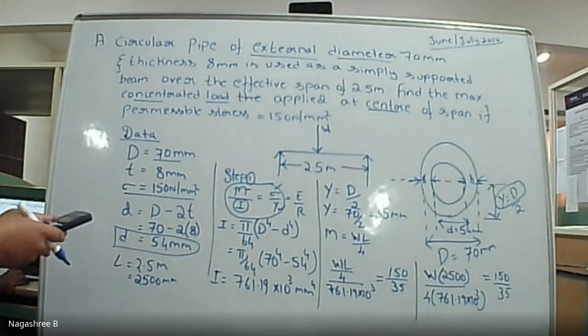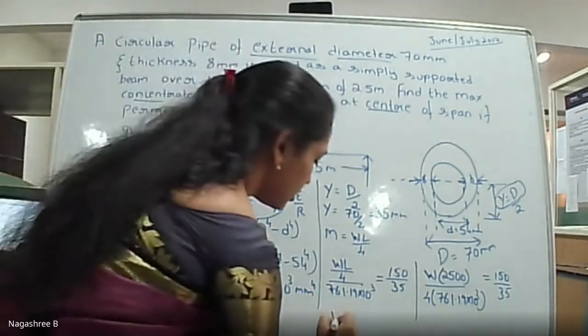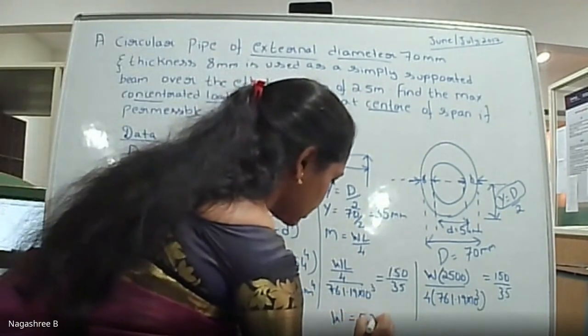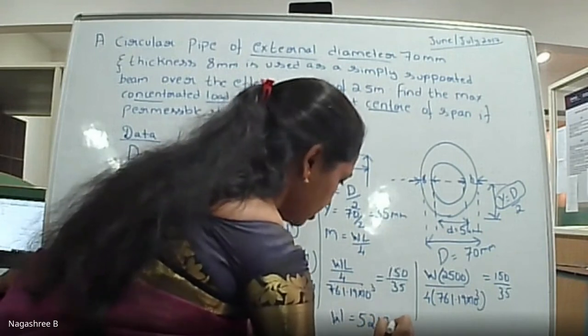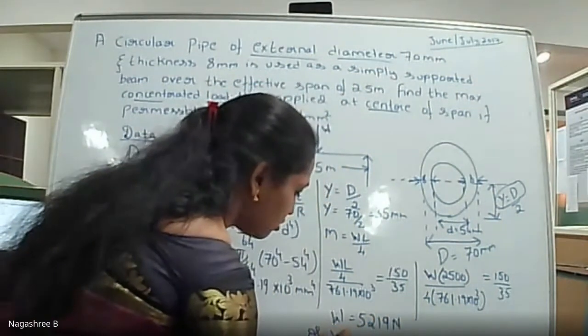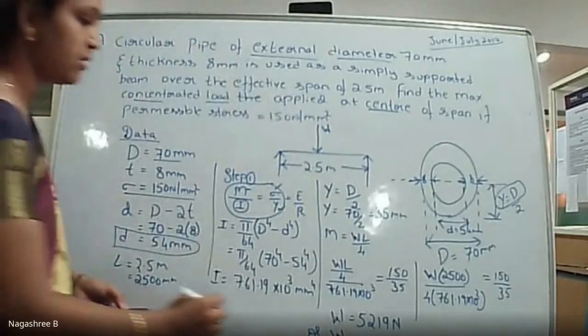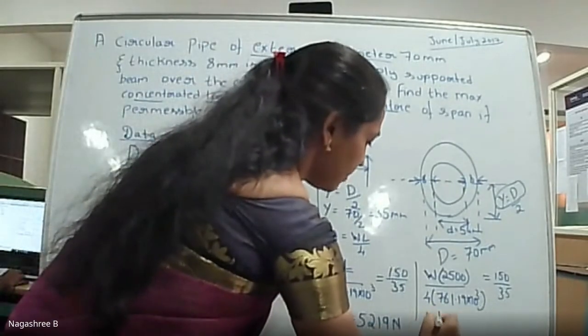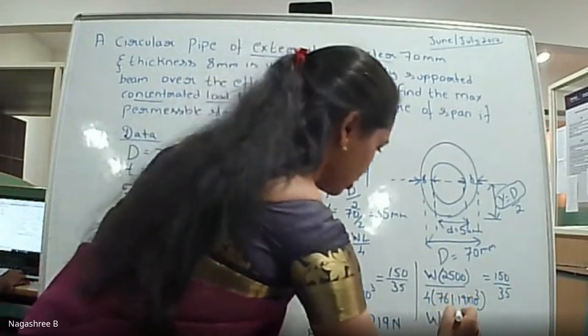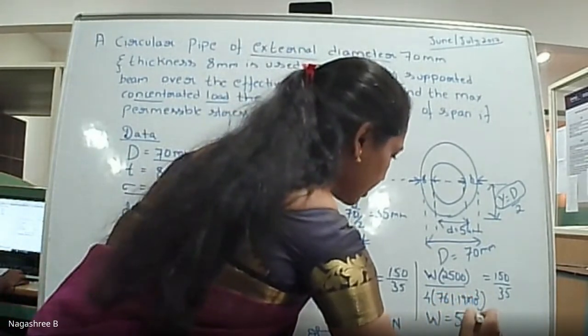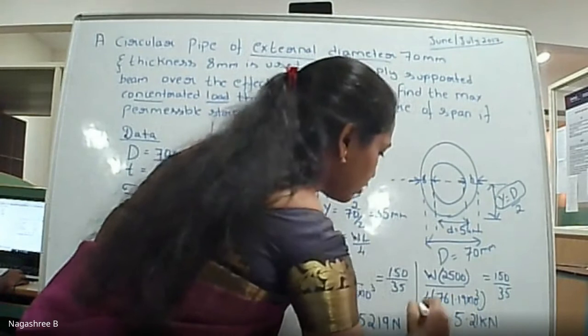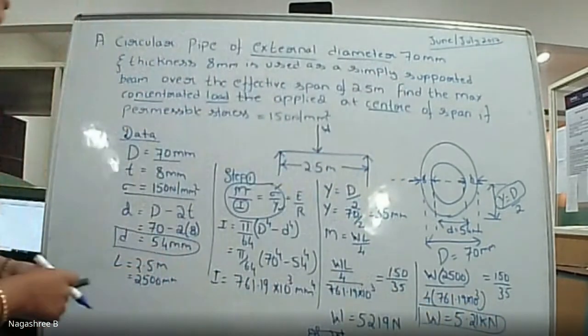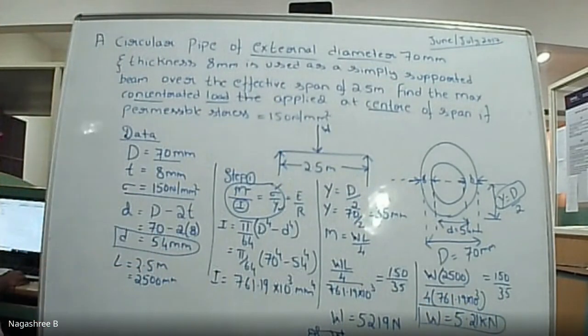So I'll get the value of W as 5219 Newton, or in terms of kilonewton, W will be equal to 5.219, or 5.21 kilonewton. So this is how you are supposed to calculate the maximum load that it can carry whenever it has been given in different conditions.